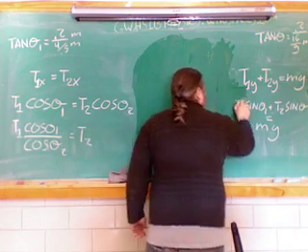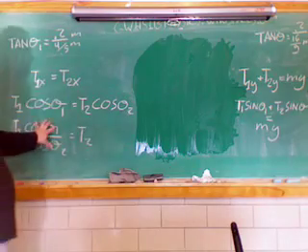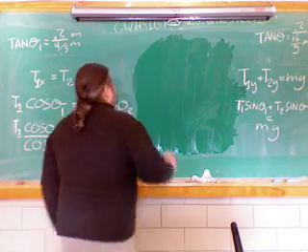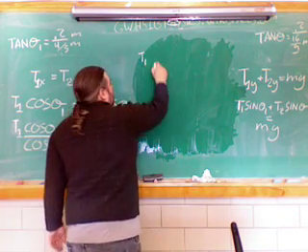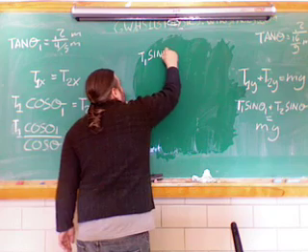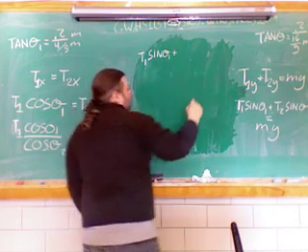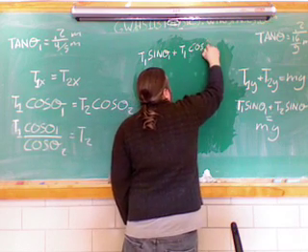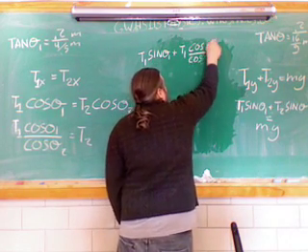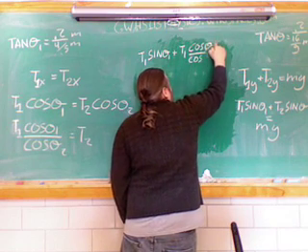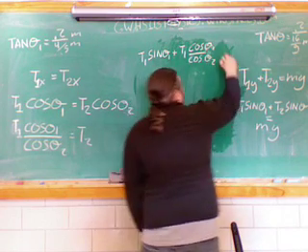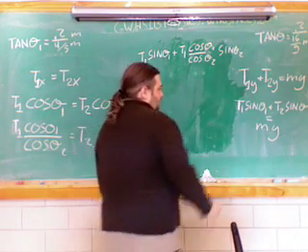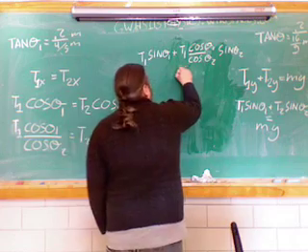From there, I can substitute T2 equals T1 cosine theta 1 over cosine theta 2. So I can say T1 sine theta 1 plus T1 cosine theta 1 over cosine theta 2 times sine theta 2 is equal to mg.